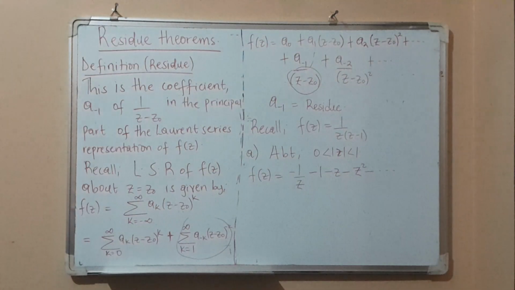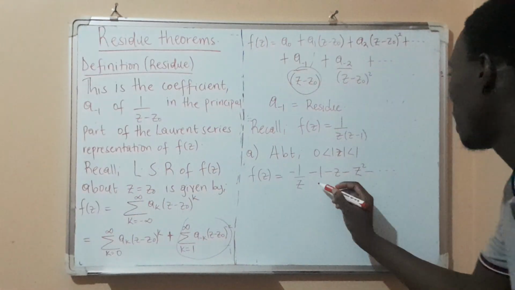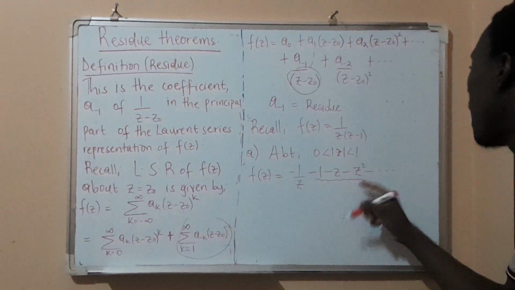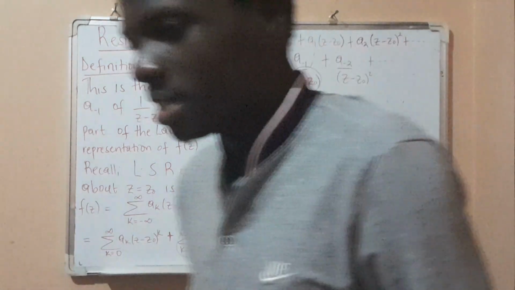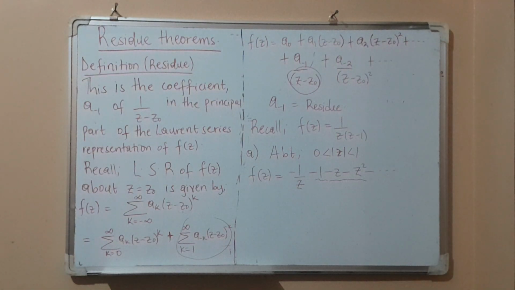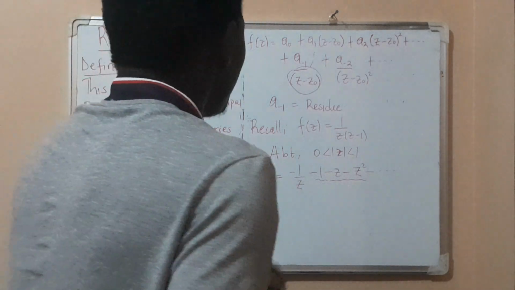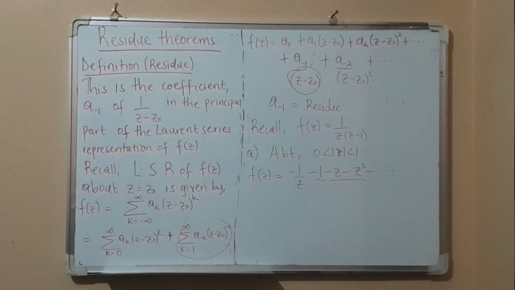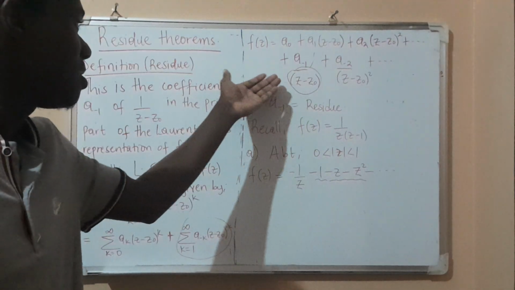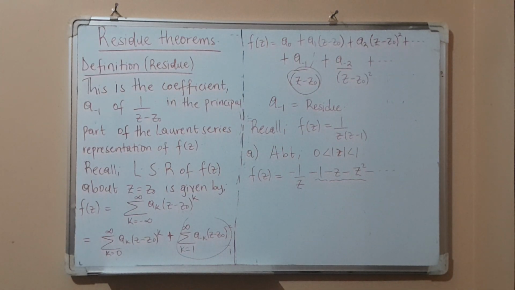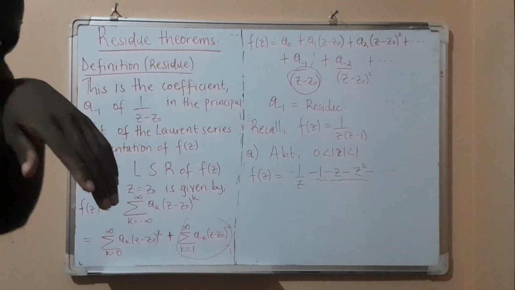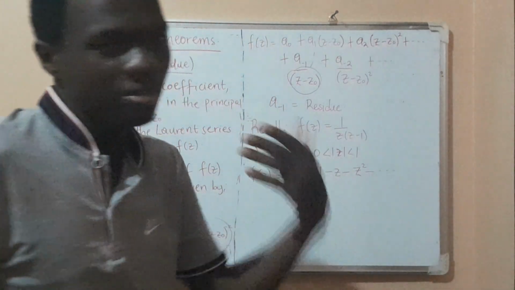The other part is the analytic part, or the regular part, and this is the principal part. It's not a must that in all cases we shall get the principal part with a finite number of terms. When you consider the general case, the principal part and the analytic part can be infinite in nature, but they shouldn't necessarily be infinite. It just depends on the given domain.